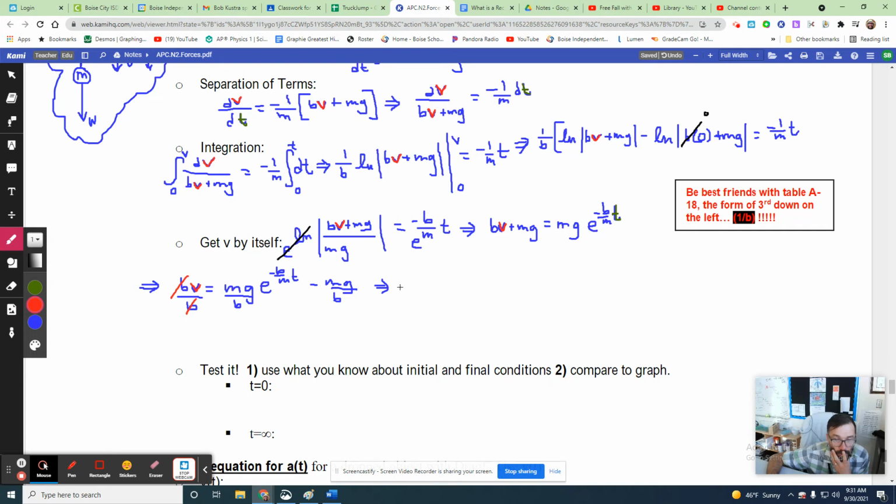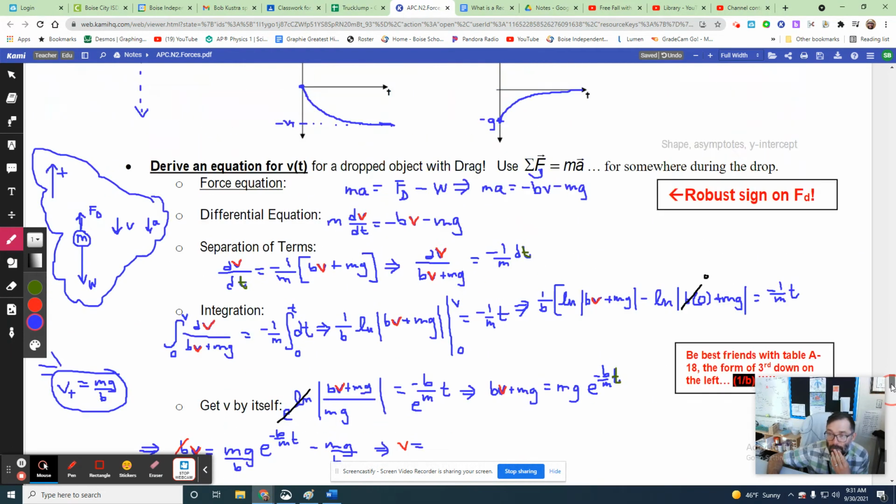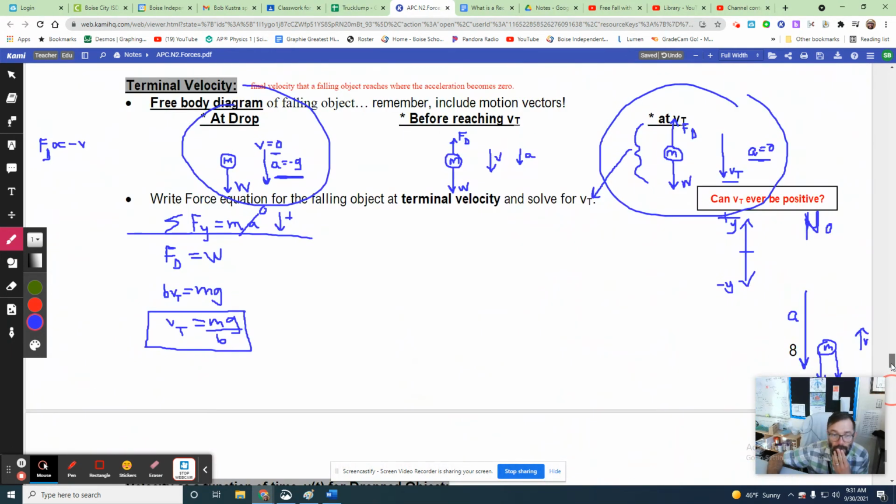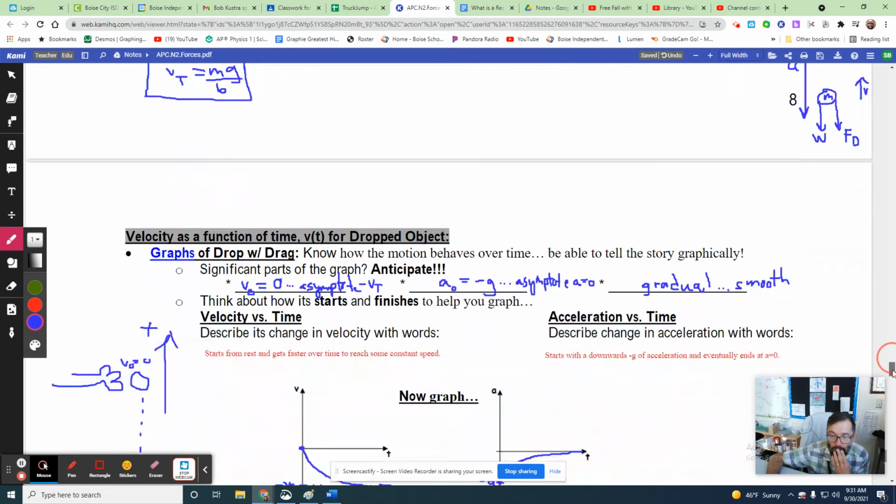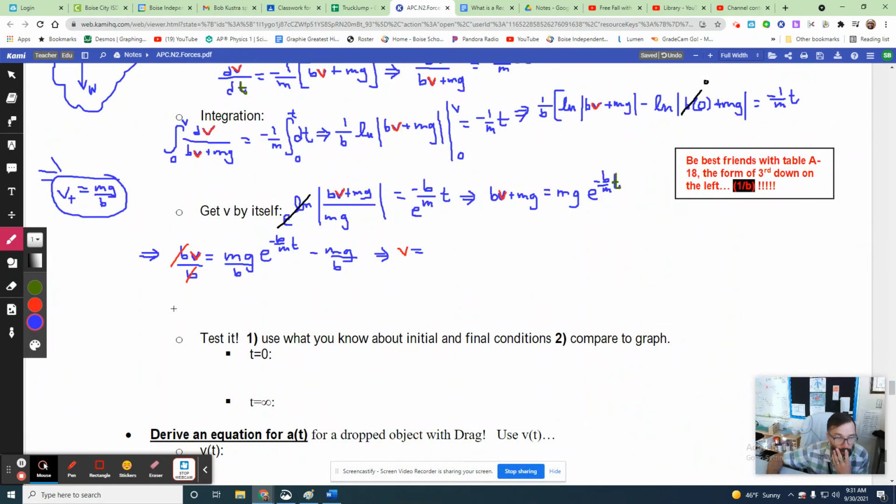Cancel. v is equal to, and did we come up with this equation for terminal velocity? Wasn't it mg over b? Remember that? We had that up here, didn't we? I thought we had that. Oh yeah, right there. Okay, so it's all starting to happen. This is so beautiful.